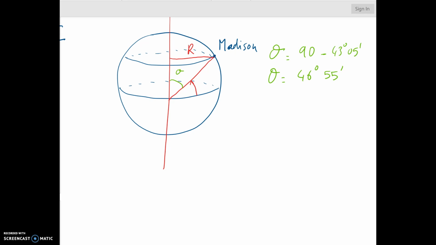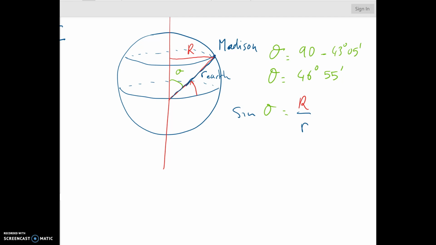Now, if I want to find the value of r, I'm going to use the sine of this angle, because I know that is the radius right there. This is the radius of Earth. Therefore, the sine of the angle theta is equal to the radius r that I'm looking for to calculate the linear speed, divided by the radius of Earth.